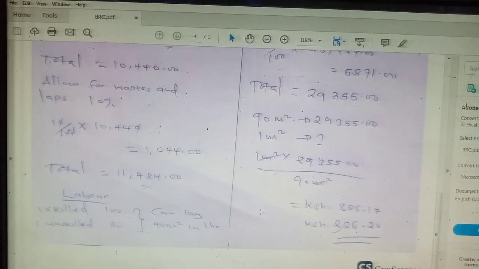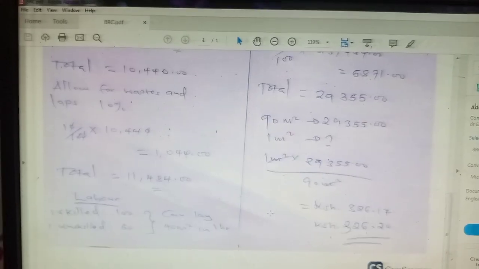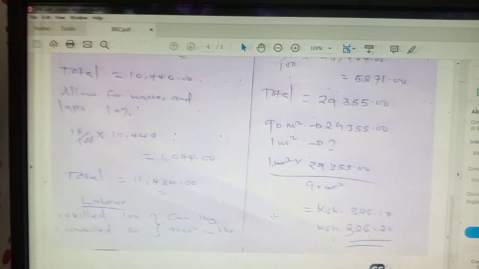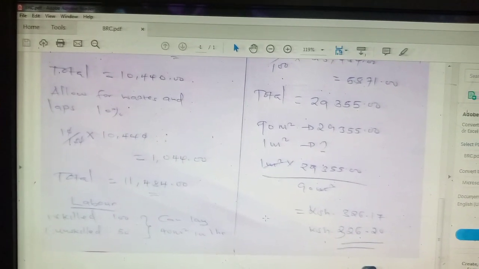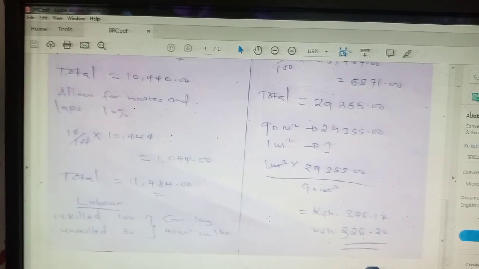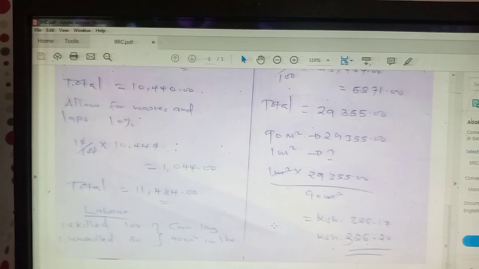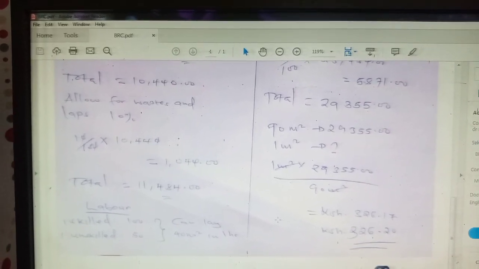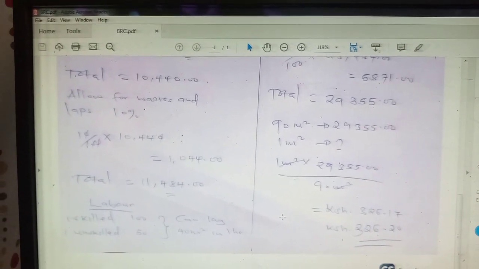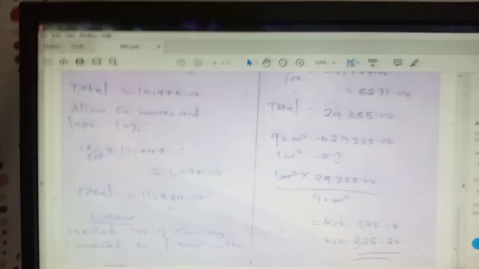Then you proceed to labor. Labor, we have a factor here. 1 skilled laborer plus 1 unskilled laborer can lay 40 square meters of BRC in 1 hour. Yeah, that is a standard. It is fixed.